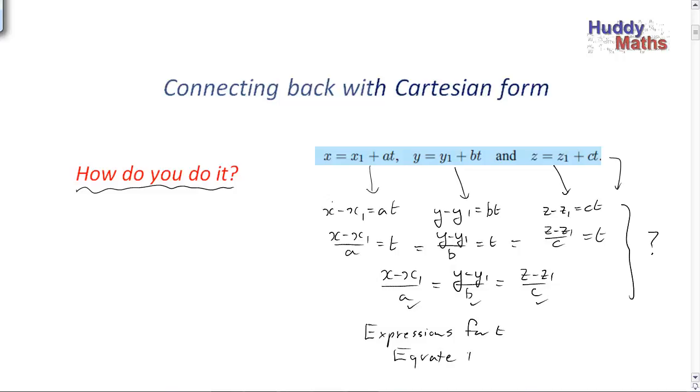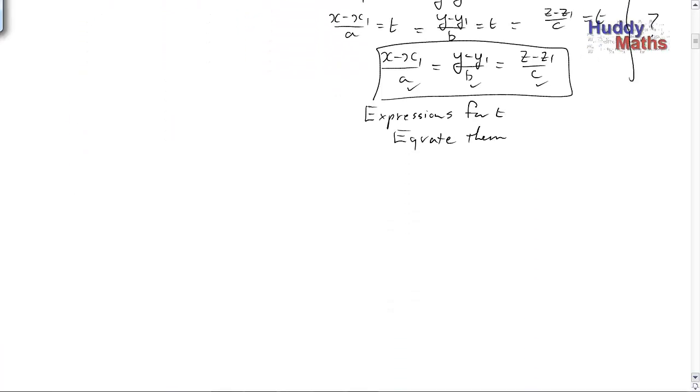Okay, so you've eliminated the parameter, and now you're going to work with just a Cartesian form. So that's the first thing we want to do, is connect back with Cartesian form. Okay, what's the other thing we want to do? Come down here, and the next question is this.